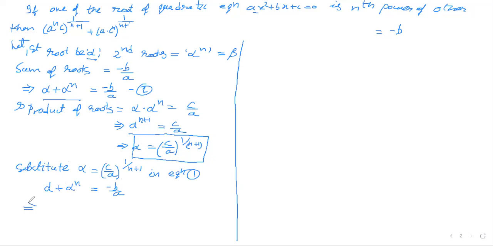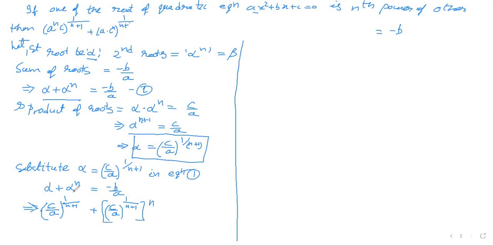It implies, now the value of alpha is (c by a) to the power 1 upon n plus 1, plus ((c by a) to the power 1 upon n plus 1) whole to the power n.